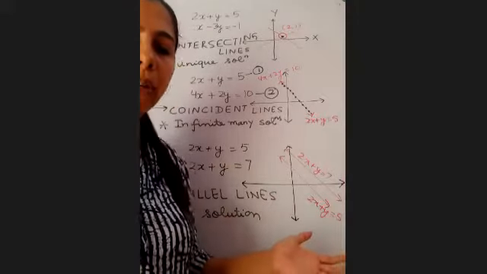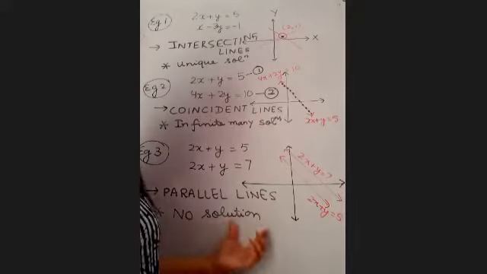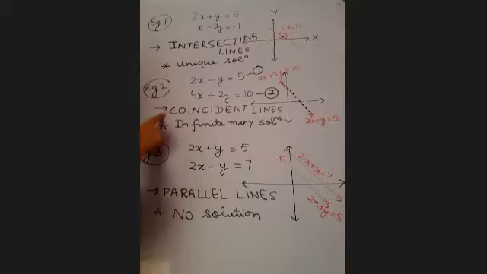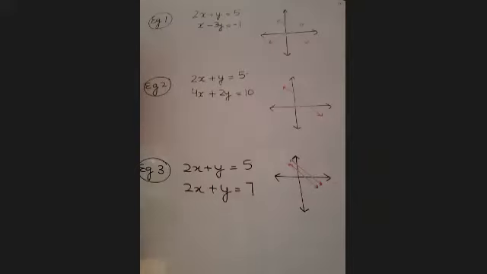No point in common means it will not give us any solution. That is the criteria. Are you with me, children? Intersecting lines, unique solution. Coincident lines, infinitely many solutions. Parallel lines, no solution. Okay?